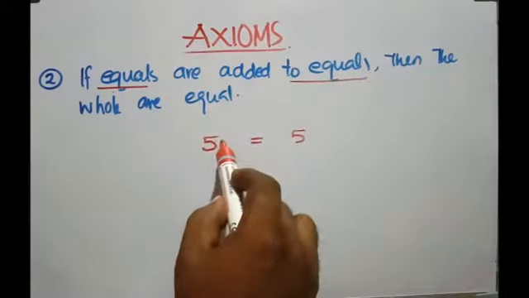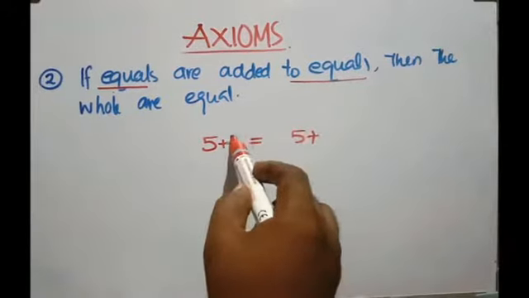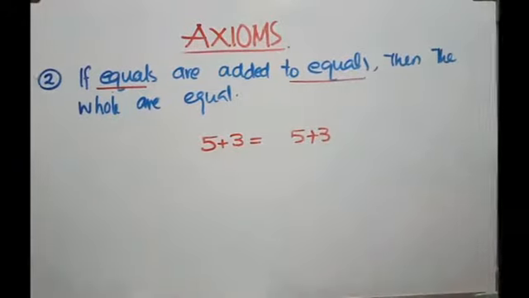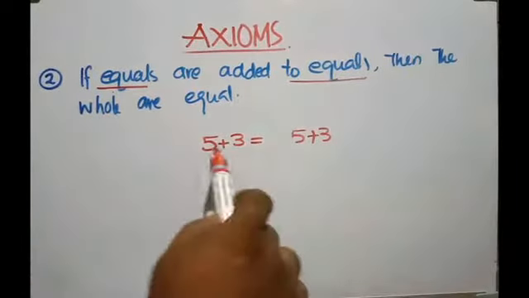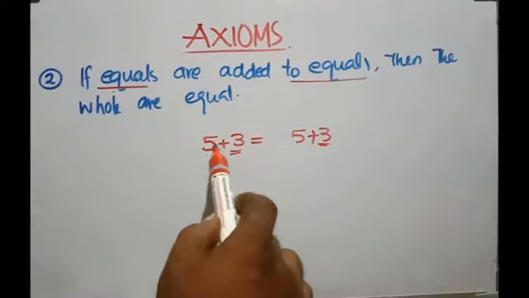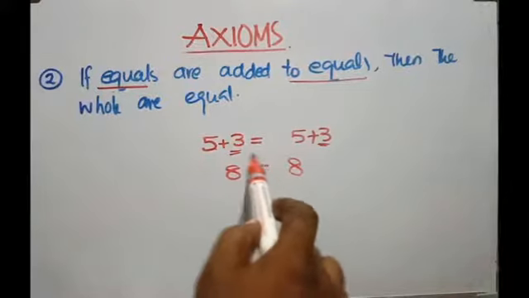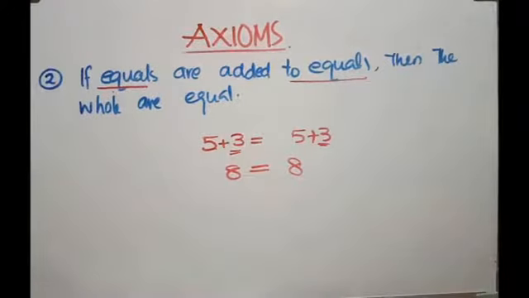Now we are adding equals on both sides, like let it be 3. So there are two equals, 5 and 5, and an equal number 3 is added on both sides. So we get the result as 8 on both sides. That is also equal. In normal sense, we'll say balancing the equation. When we add a term on one side, add the same to the other also, to balance the equation.